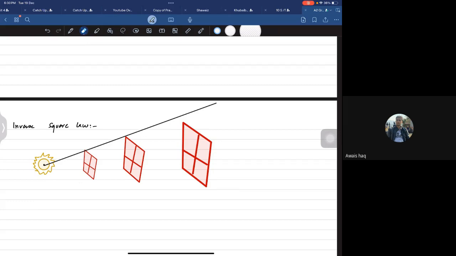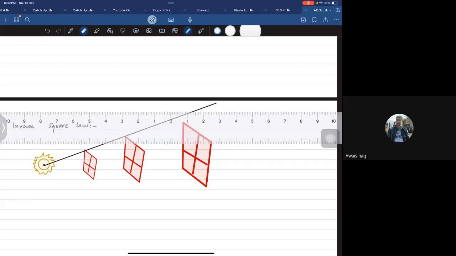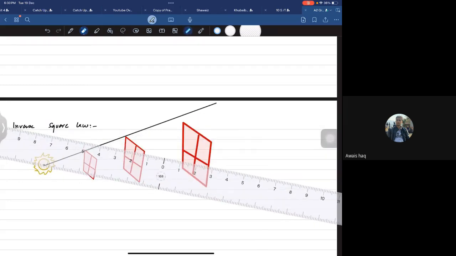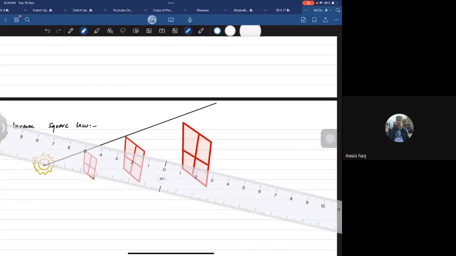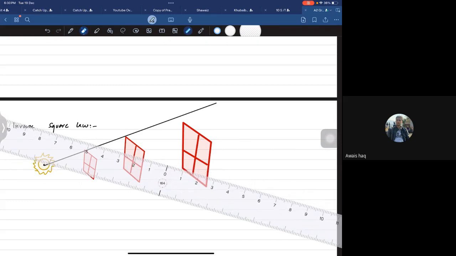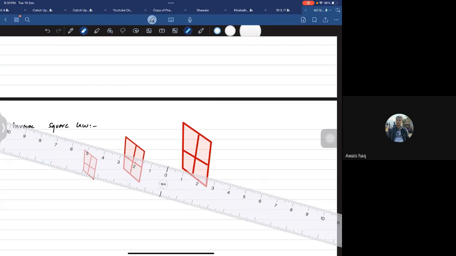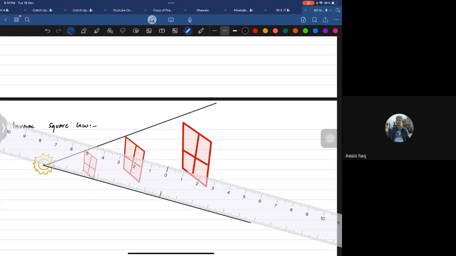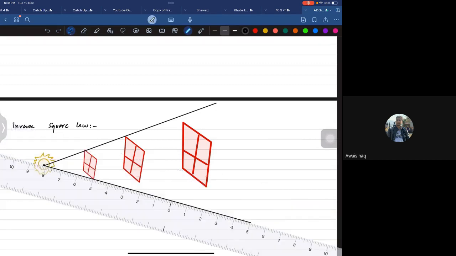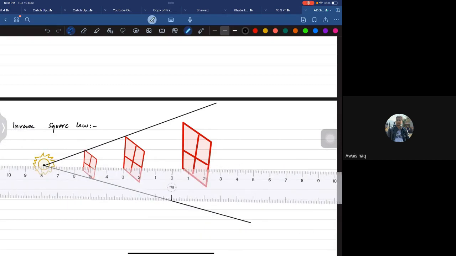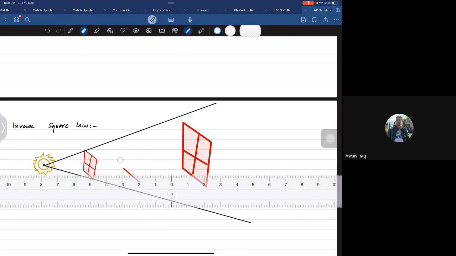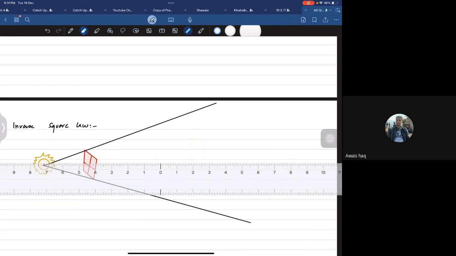I have to use the ruler actually. It's too tough to redo the windows. Let me remove these windows, it's not required anymore.